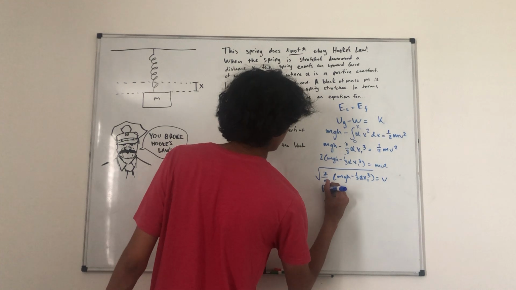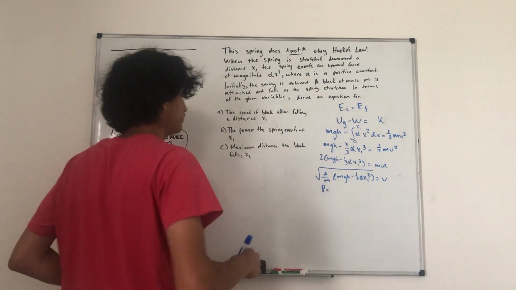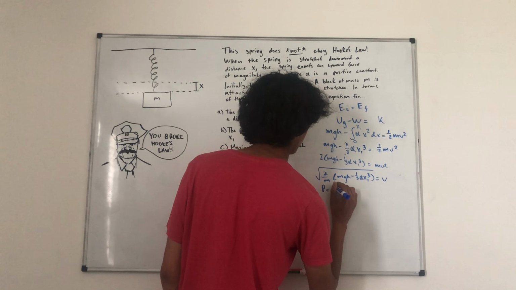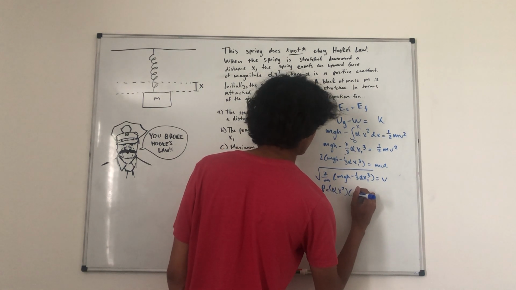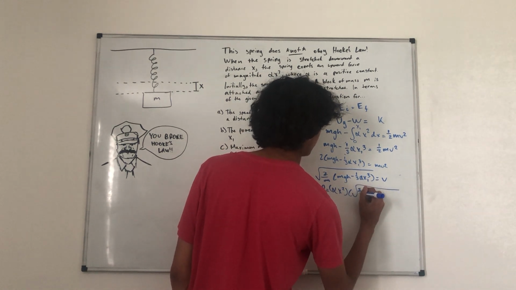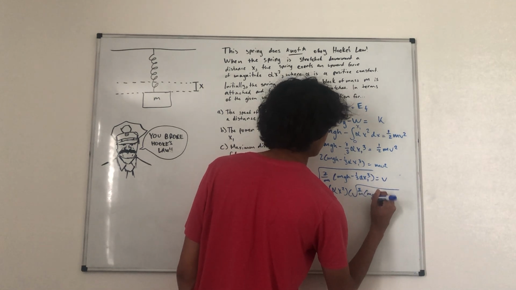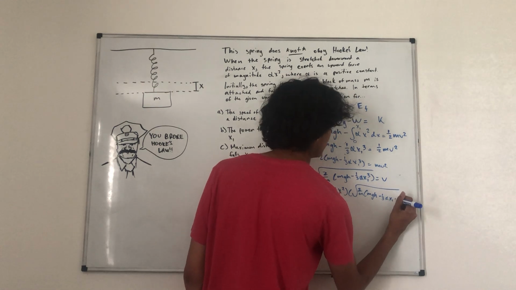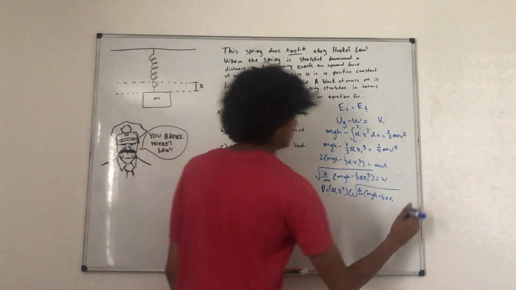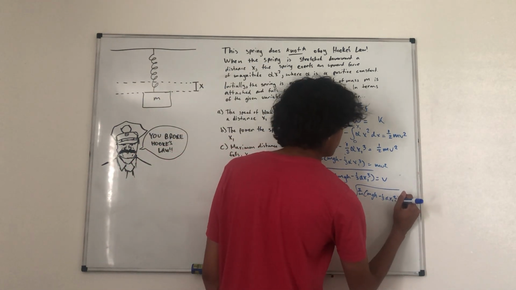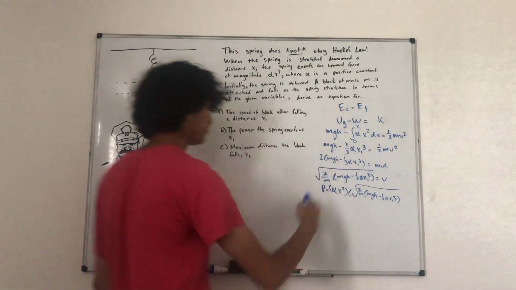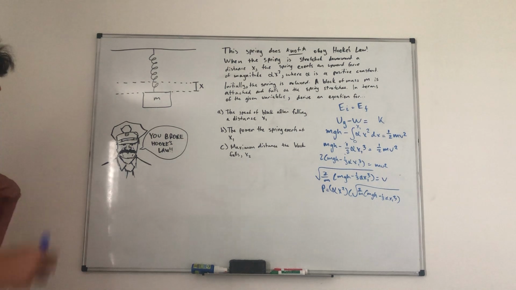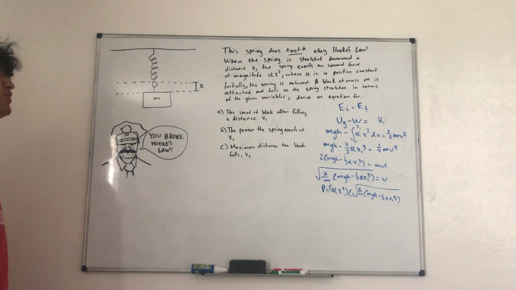So power is going to equal force, which is alpha x squared, times the velocity, which is this whole thing that we solved for here. So that is the rate at which the spring is converting energy and doing work. The rate at which it does work, essentially.